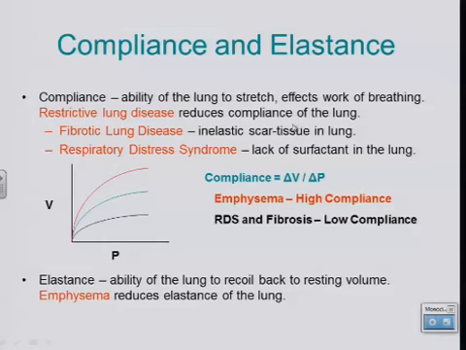And the two examples that we used for restrictive lung disease were fibrotic lung disease, where we get inelastic scar tissue in the lung, which prevents the lung from expanding normally or freely. So we have a decreased lung compliance because of these fibrotic fibers in there that are very non-elastic. As well, we talked about respiratory distress syndrome, RDS.